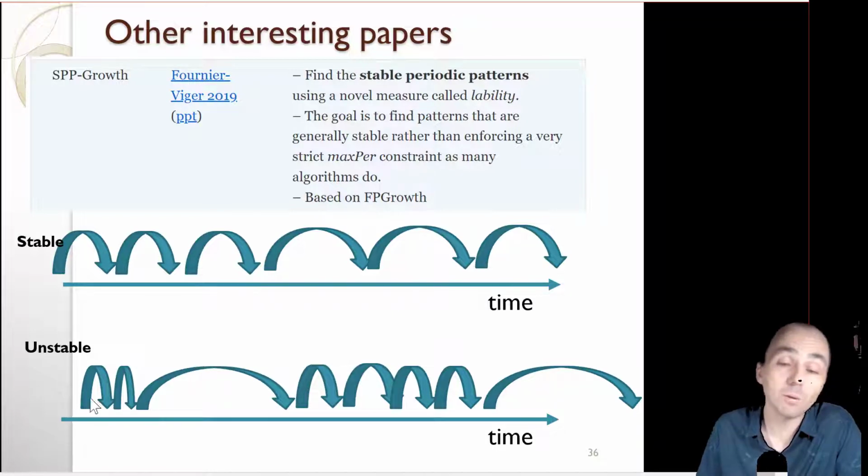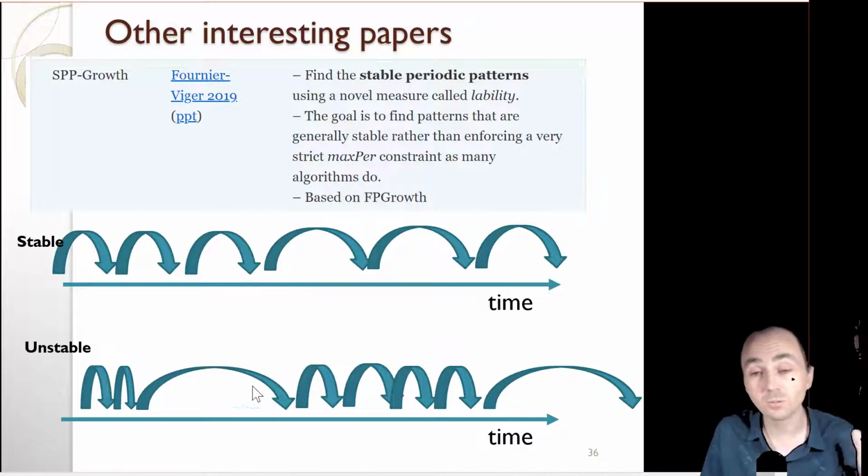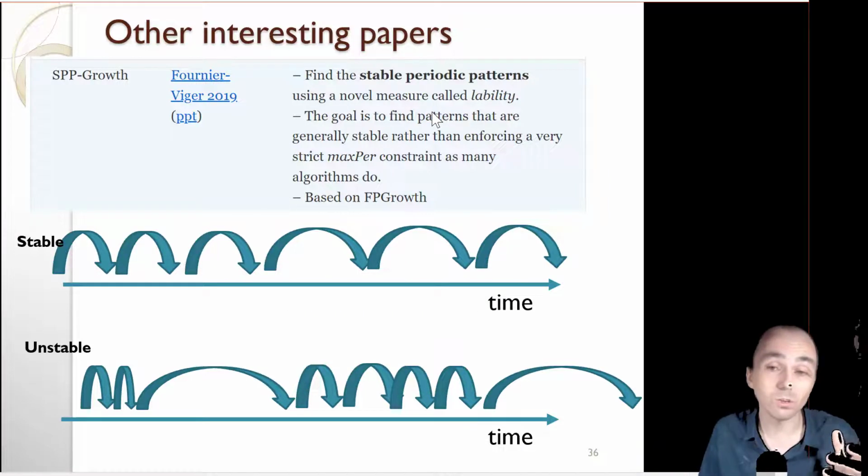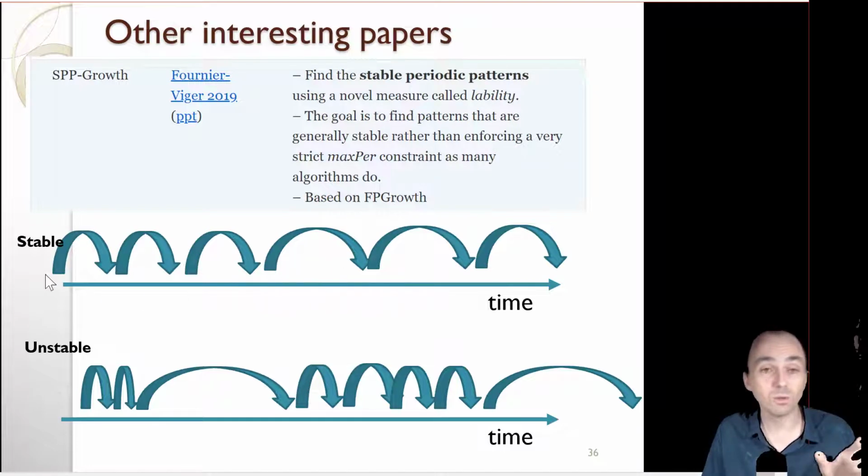The pattern appears every 2 weeks, then after 6 months, then 2 weeks, 2 weeks, 2 weeks, and then 6 months. So in the traditional problem of periodic itemset mining, maybe the patterns are not stable. So here we designed the algorithm to find the stable patterns, to make sure they are really stable over time.